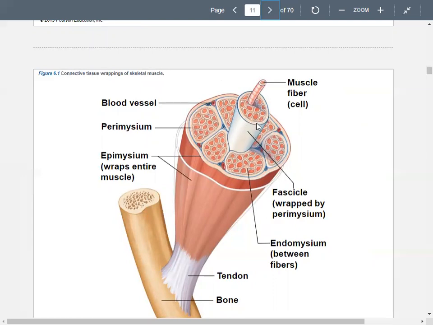Okay, it forms a fascicle. All right, now around your whole muscle, you have epimysium. So endomysium in here, perimysium around, and then epimysium all the way around.